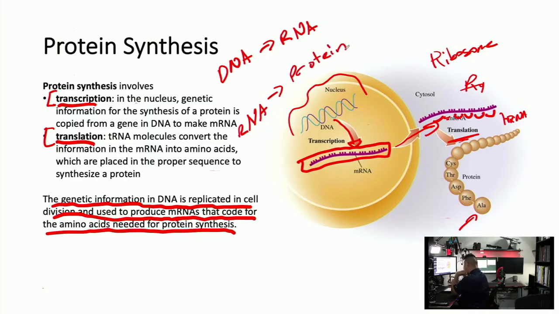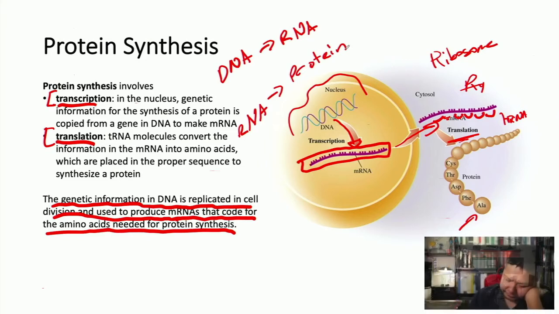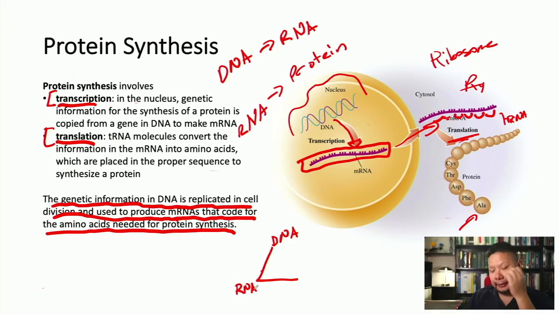Watson and Crick came up with this thing called the central dogma, right? And it's basically a triangle where DNA is at the top of the triangle, and then RNA is over here, and then protein, amino acids, over here.